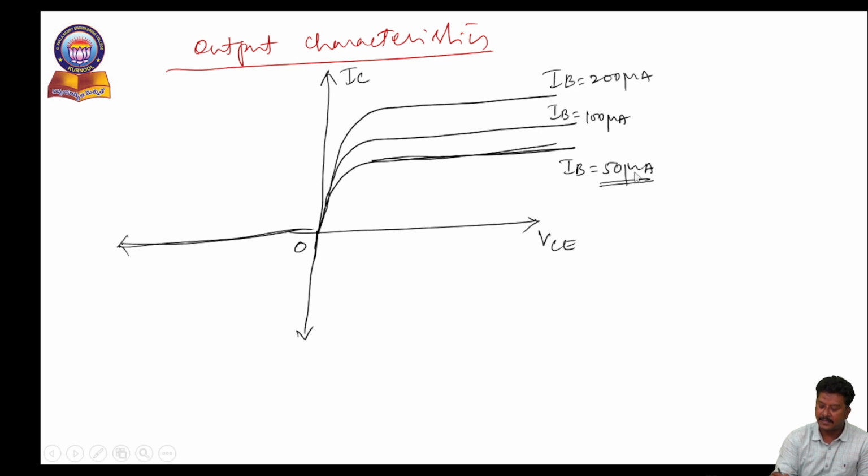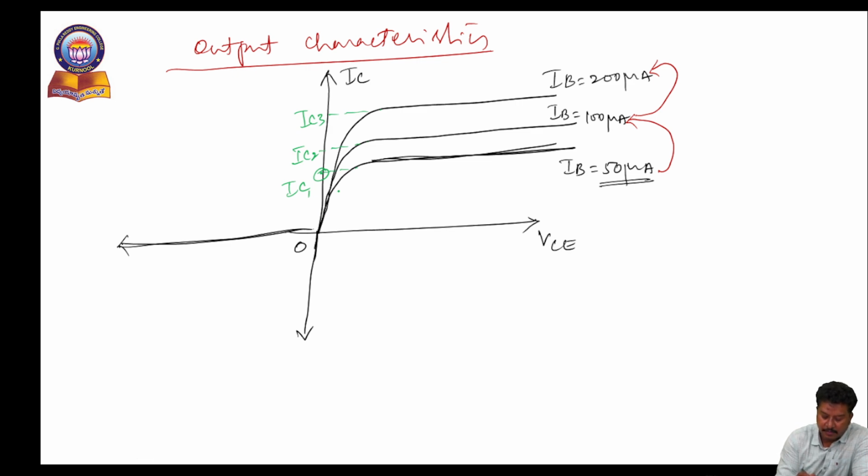As the IB current is varied from 50 microamperes to 100, from 100 microamperes to 200 microamperes, simultaneously we have to observe that at the 3 points IC is also varied from IC1 to IC2, from IC2 to IC3. So this is the case what we have to observe.